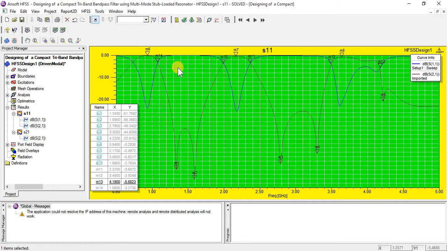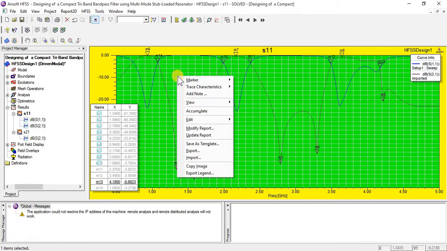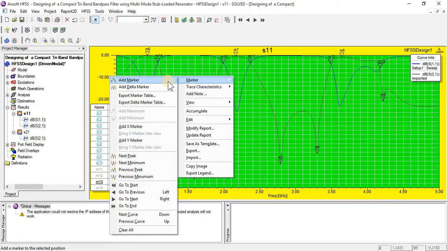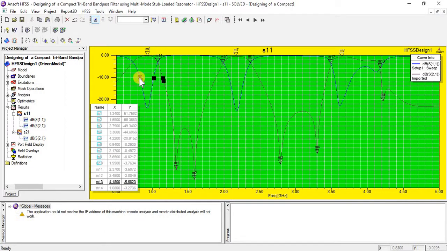Similarly, always keep in mind that the passband values must be below -10 dB, because we measure the bandwidth of a filter, or the useful frequency peak, where it is down from -10 dB at these points.